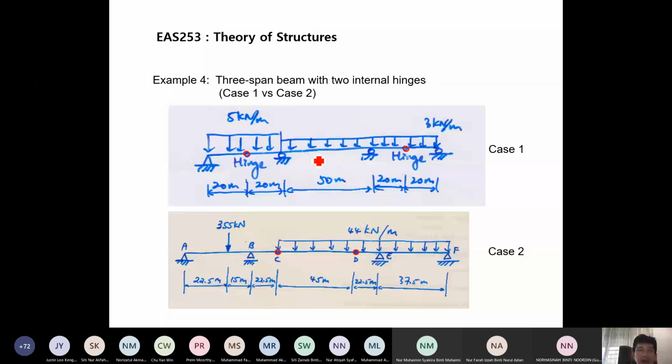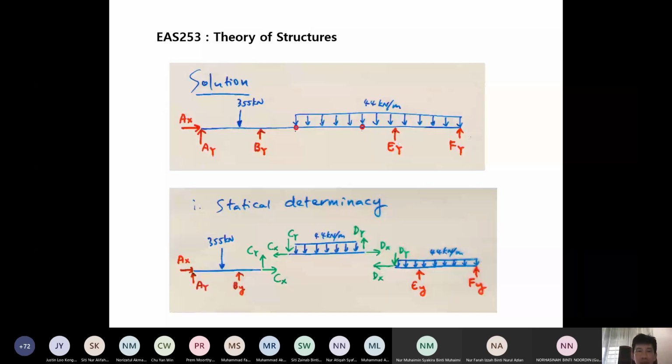Then the free body diagram, if you want to check statical determinacy. By now you should remember that if there are hinges, you have to cut at the hinges. So you get these 3 parts after you separate them at the 2 hinges, and then show all the unknown forces, the red ones. And the green ones now are the internal forces at the hinges after you cut them.